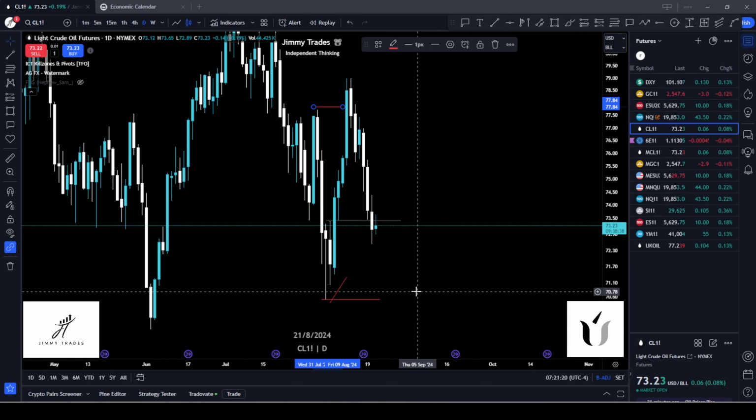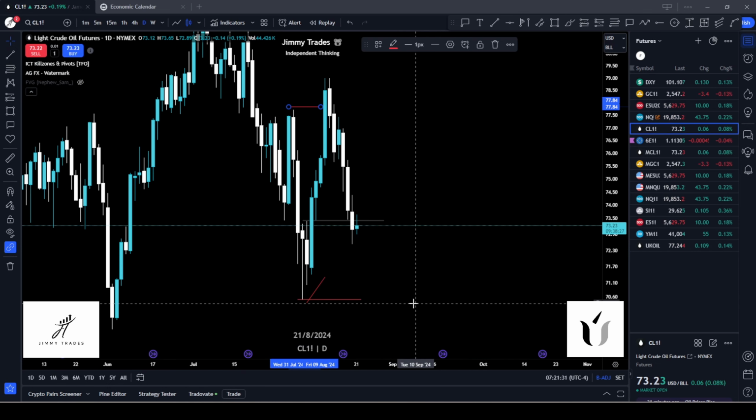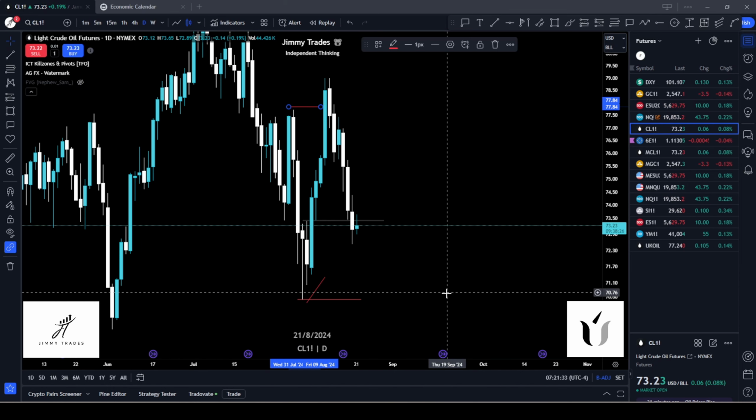But I do, in particular for say 6E, the way it's currently positioned, I would like to see the change in the state of delivery to have the bias and the structure aligned.